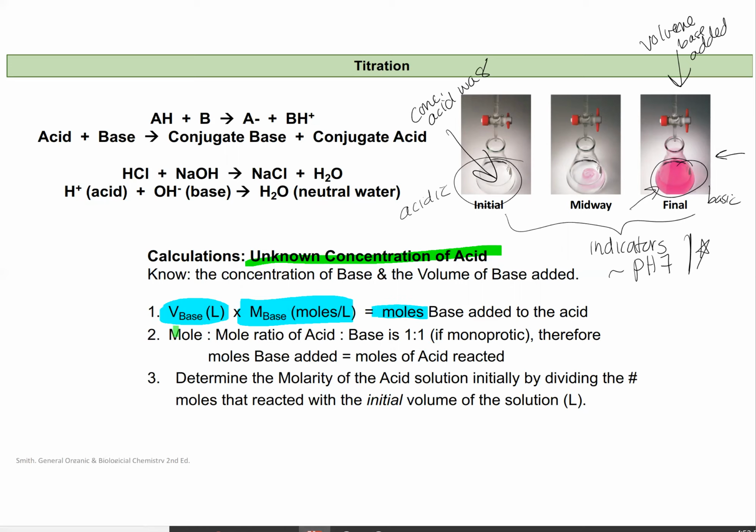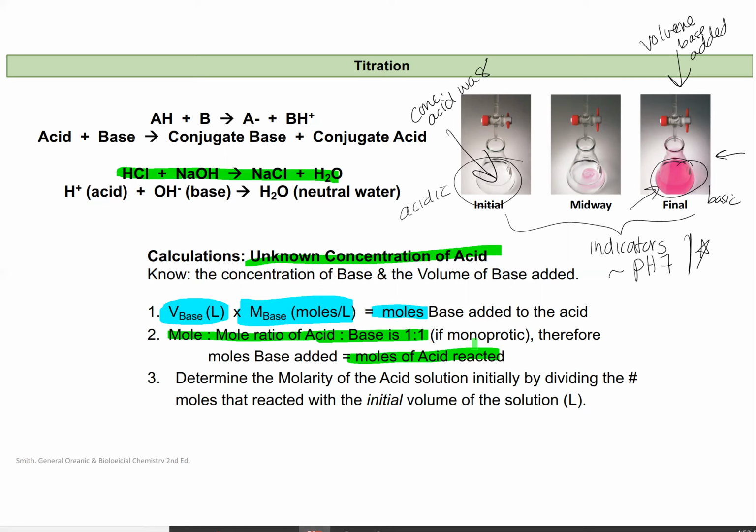Now, if our mole-to-mole ratio between our acid and base is 1:1, like many of the reactions that we've looked at, similar to hydrochloric acid reacting with sodium hydroxide, then once we know the moles of our base, we actually know the moles of our acid.